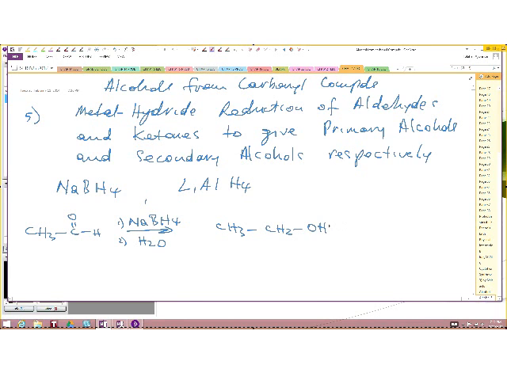Primary alcohol. Now, this is where the mechanism is very important. It's important because it is a mechanism that we are going to be using in so many different instances. So I'm going to give you the mechanism for this reaction.